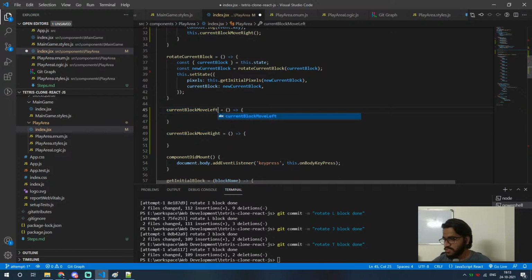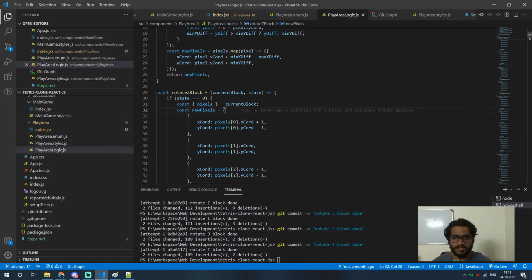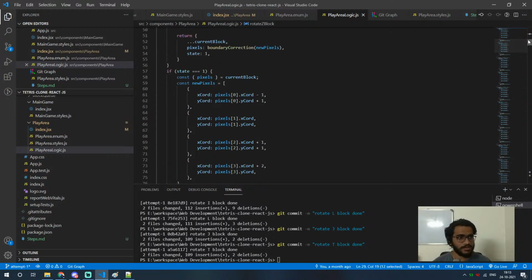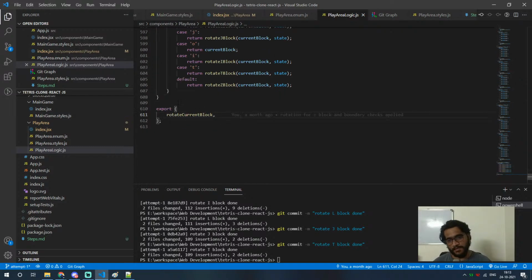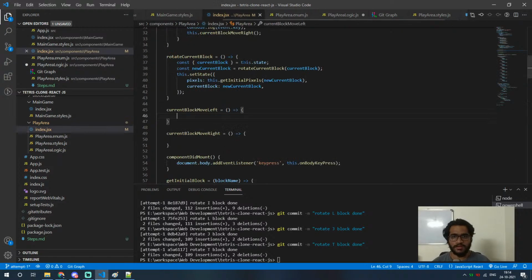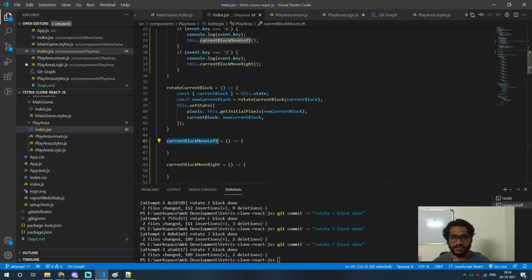With these movements, first we would work on the movement part, and then we would work on whether they are exceeding any boundaries or not.